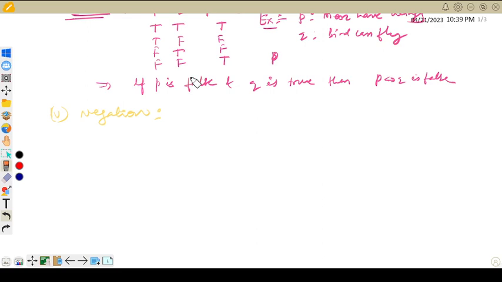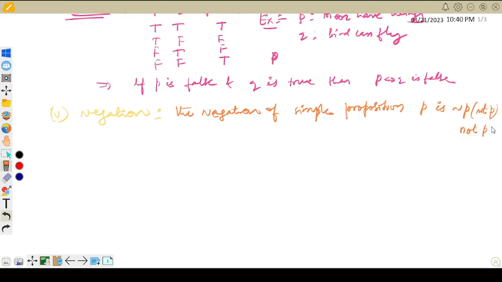The negation of a simple proposition P is symbolically written as the negation of P, or also called not P. So what is its truth table?